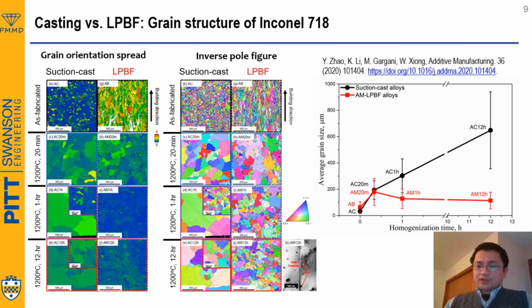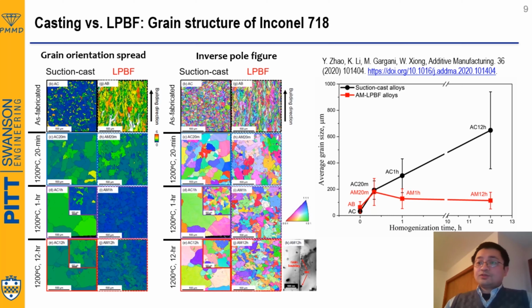As you can see from this right figure, the average grain size for additive manufacturing examples actually even slightly decreases after 12 hours of heat treatment. But for the suction cast alloy, the grain size increases as we expected. So what's the reason behind it? It is because the additive manufacturing example has a different distribution of residual stress.